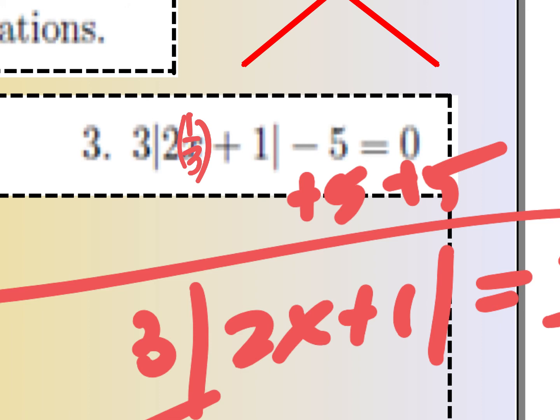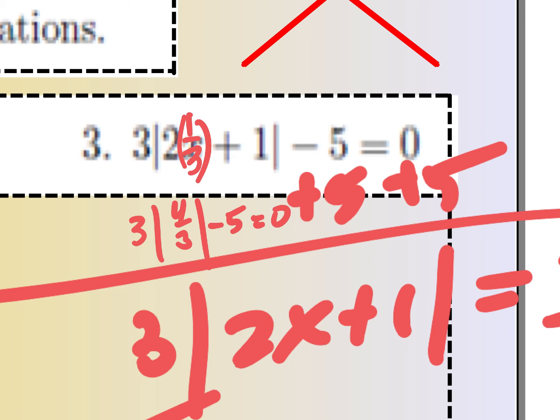Two-thirds plus 1 is 1 2/3. Or another way to say it is 4/3. 3 times 4/3 minus 5 should equal 0. Something's wrong, isn't it?